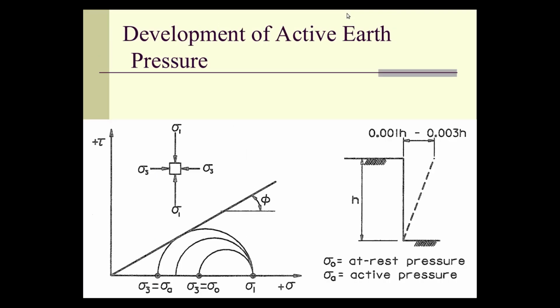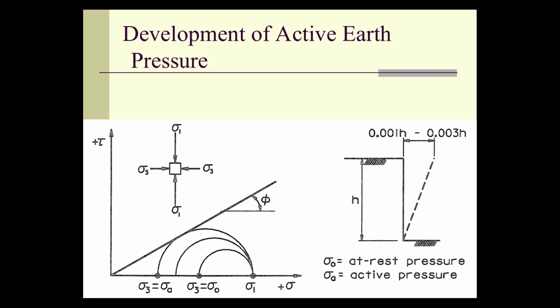Okay, from the standpoint of Mohr's circle, we developed active pressures this way. We start with a sigma 1, which is the vertical pressure. And basically what we do is the wall runs away, and you can see there another range of distances to develop.